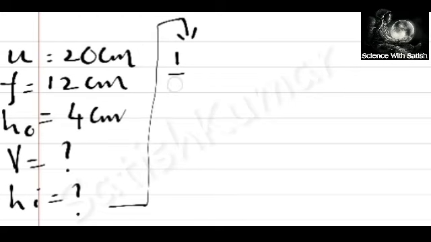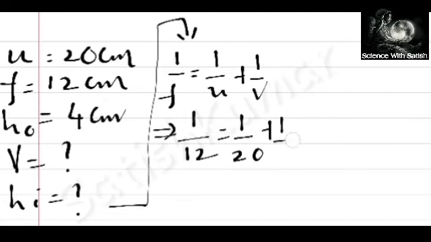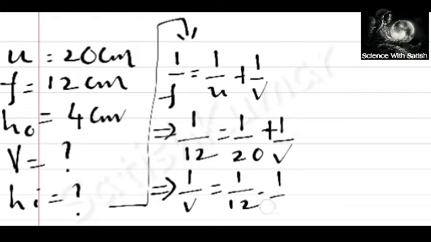So 1 by F equals 1 by U plus 1 by V, so 1 by 12 equals 1 by 20 plus 1 by V. From here I can write 1 by V equals 1 by 12 minus 1 by 20.